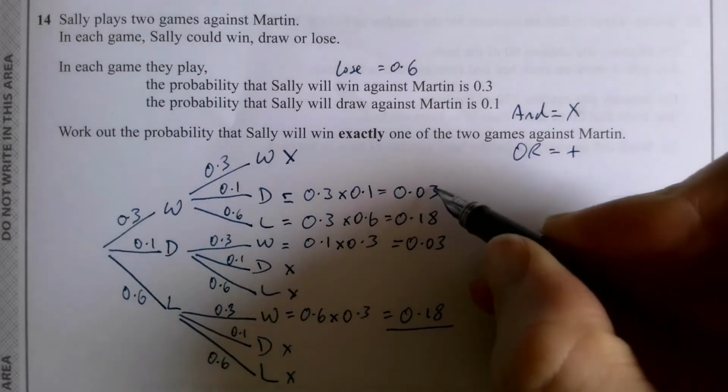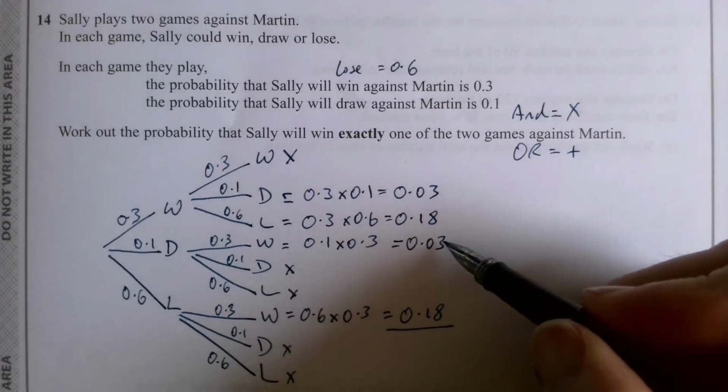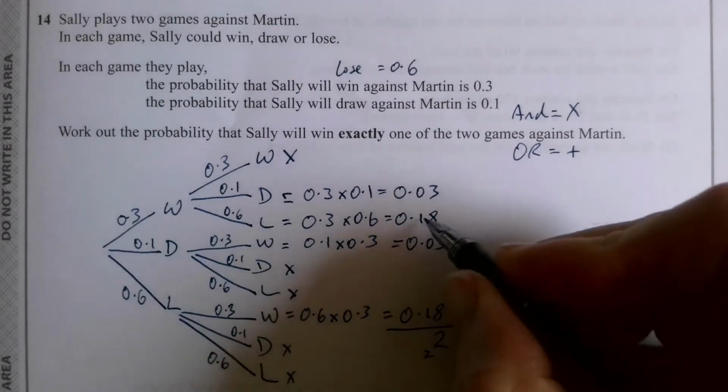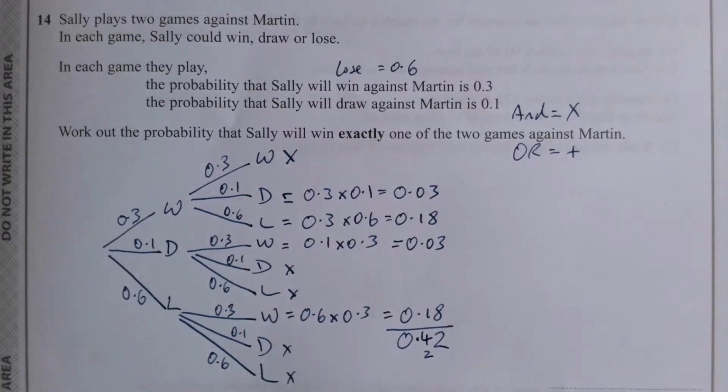Now all we have to do is add up these 4. 3 and 8 is 11, plus another 11 makes 22. 1, 2 plus the 2 makes 4, so it's 0.42 is the final answer.